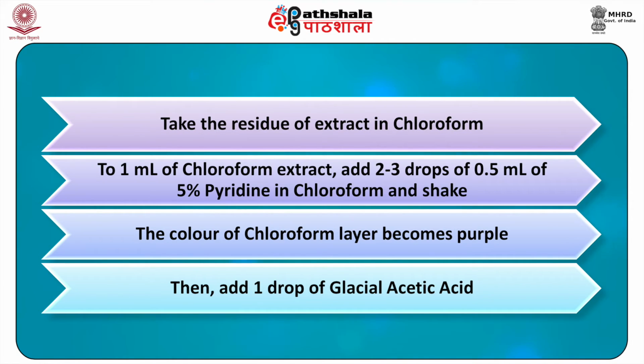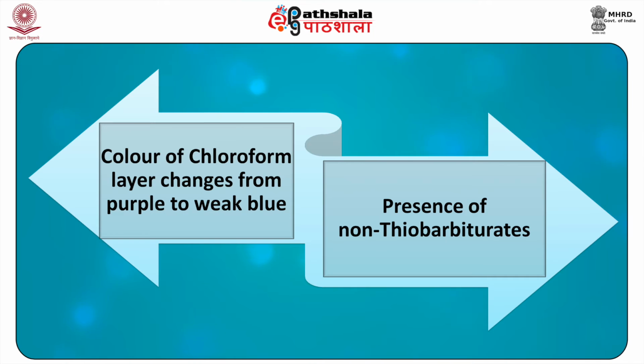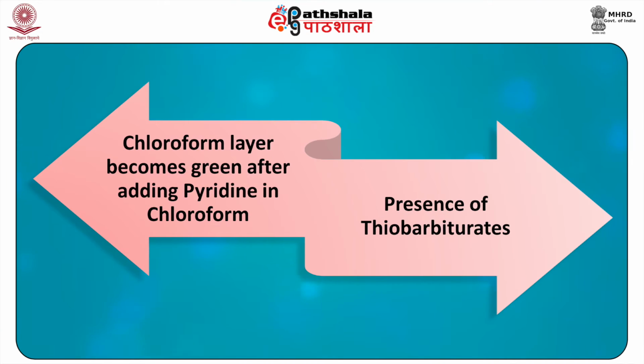The color of the chloroform layer becomes purple, and then 1 drop of glacial acetic acid is added to it. If the color of the chloroform layer changes from purple to weak blue, the presence of non-thiobarbiturates is indicated. If the chloroform layer becomes green after adding pyridine in chloroform, the presence of thiobarbiturates is indicated.